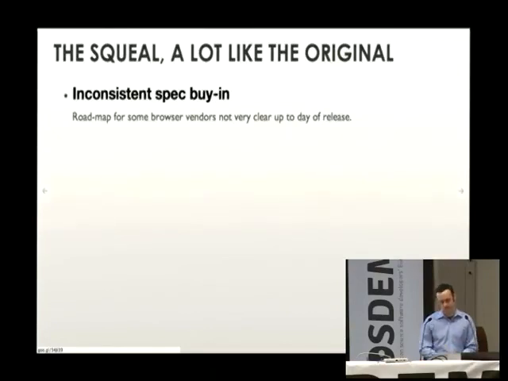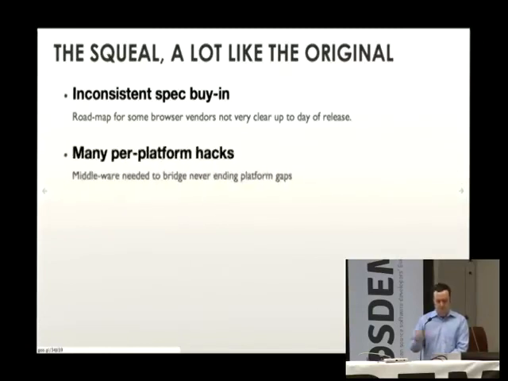So again, the sequel looks a lot like the original. If you recall the slide of some of the challenges we faced within the first wave of HTML5 features, we have similar problems. Inconsistent buy-in, and the unclear roadmap is also a big problem, at least with Mozilla, and to a slightly lesser extent Chrome.